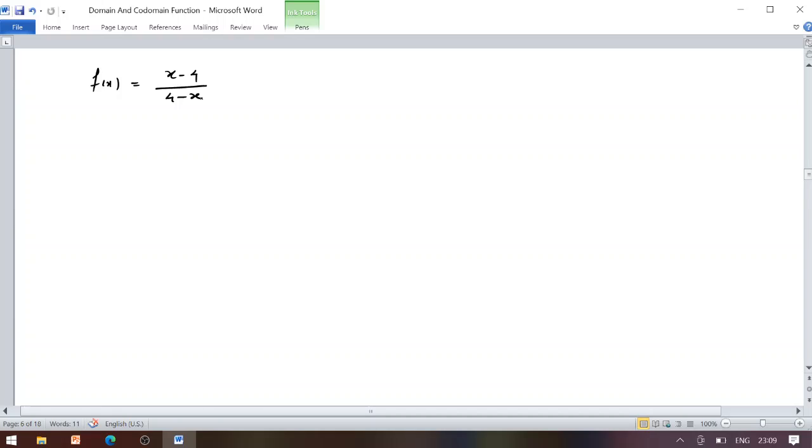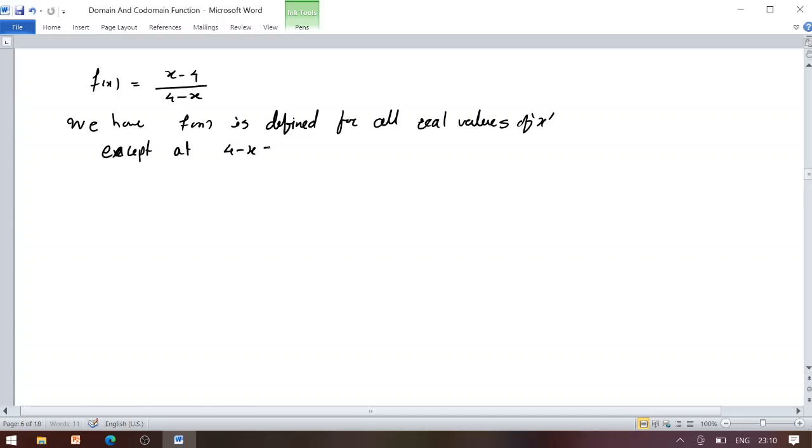It is clear that f of x is defined for all real values of x except where the denominator becomes 0, because when 4 minus x is 0, f of x is undefined.